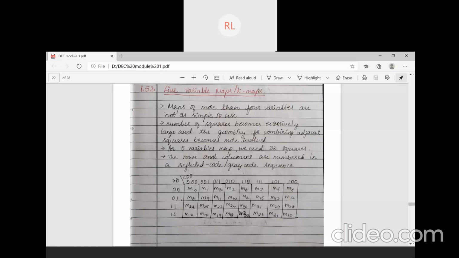Then I'm coming down: 16, 17, 18, 19, 20, up to 31. So all my ones, see here, AB is 1, 1, and my CDE is 1, 1, 1. This is my highest value, which is M31. Is that clear, students?